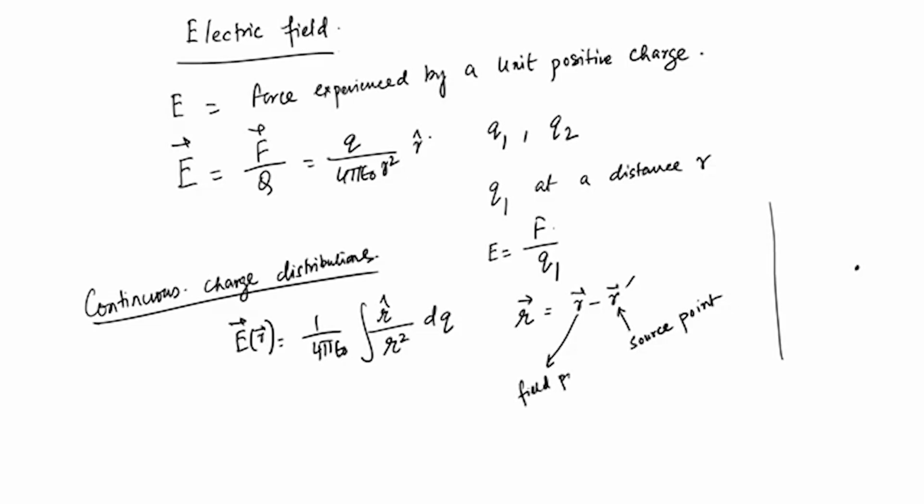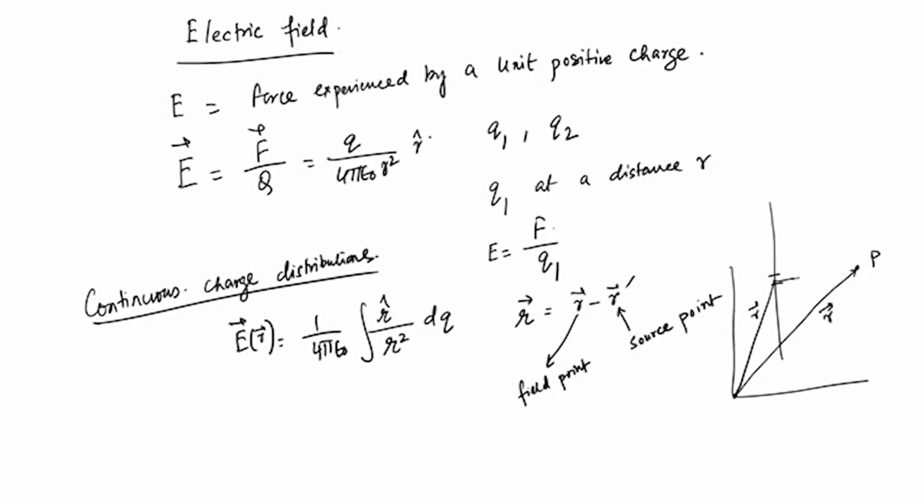What do they mean? They mean that the source of charge is located at r prime with respect to some coordinate system. Suppose you have a coordinate system here. That is the origin, and you are talking about a dq charge here. So, this is your r prime. And you want to calculate this electric field at this point P, which is at a distance r from the same origin.